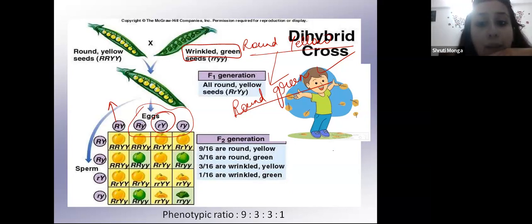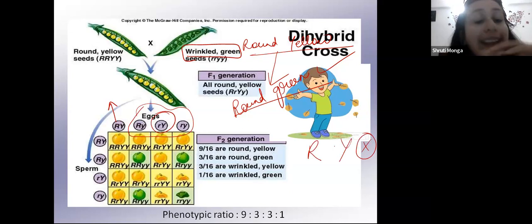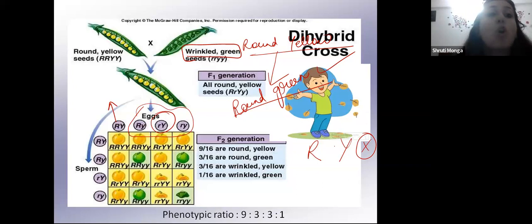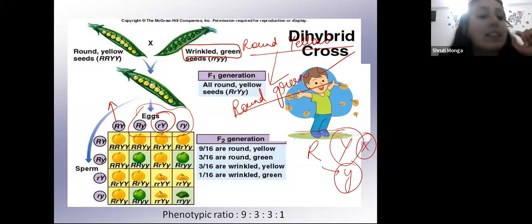That means round is not completely dependent on yellow. He can independently assort, as in it's not dependent on yellow. It's independent because it can go with green as well. This is the law of independent assortment.